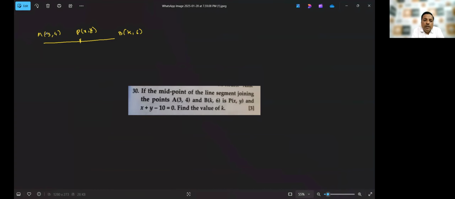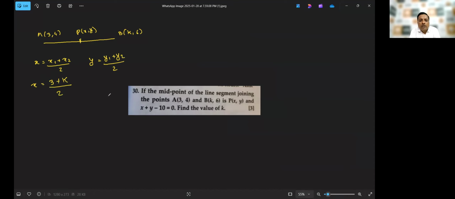Find the value of K. Then we have to use the midpoint formula. x is equal to (x1 plus x2) divided by 2, and y is equal to (y1 plus y2) divided by 2. So x1 is 3, x2 becomes k, and divided by 2.